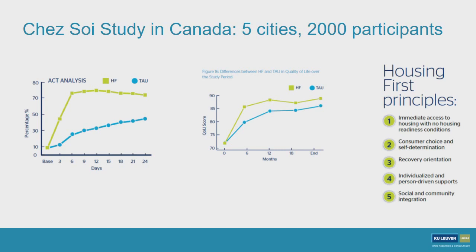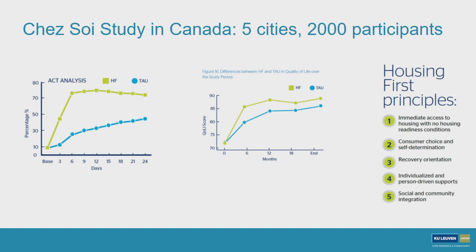This is very convincing evidence. On the left, you see the total amount. The blue is the treatment as usual, and the green one is the intervention group. And what you see is that the housing stability in the housing first model, the green one, is much stronger than the treatment as usual.